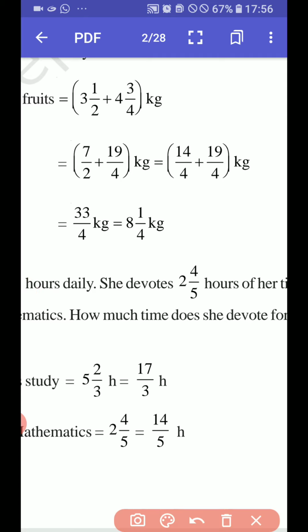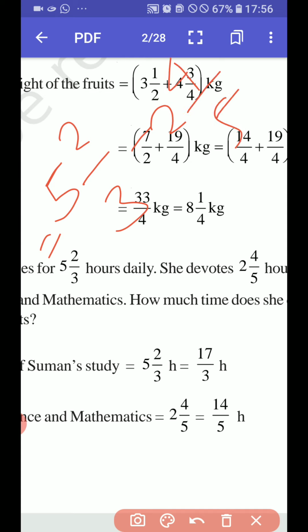Let us see how I can solve. 5 whole 2 upon 3 minus 2 whole 4 upon 5. You will convert this into improper fractions. 5 threes are 15 plus 2, 17 upon 3, minus 5 twos are 10, 10 plus 4, 14 upon 5.